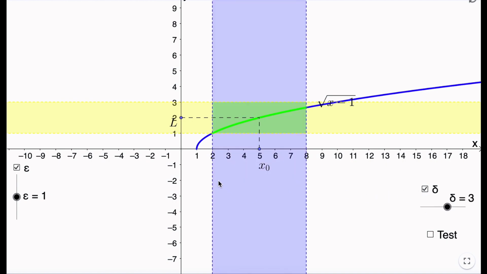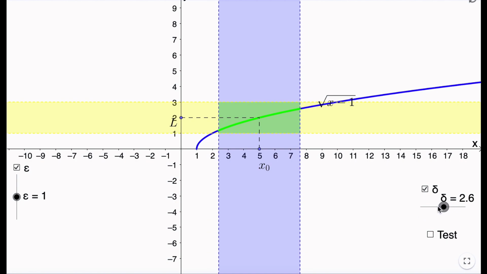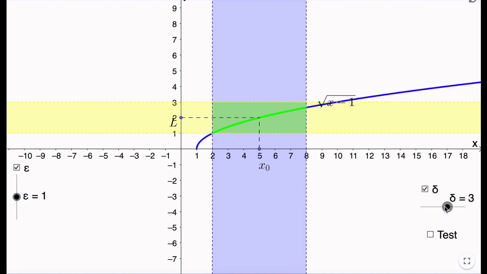If I have a delta of 3, and again, I can change this just by sliding the bar, then that means as I get closer and closer to my x value, if I'm in that range of values where I'm within 3 on either side of the value of x that I'm approaching for my limit, and the value of x in this case is 5, if I take away 3 and add 3 to create my interval, 5 is going to be on the interval from 2 to 8.